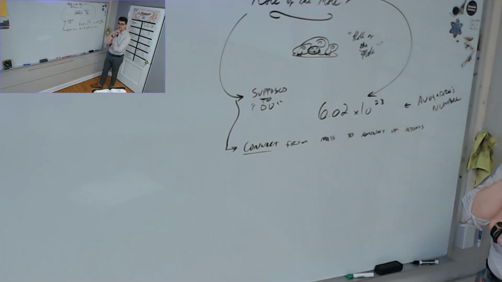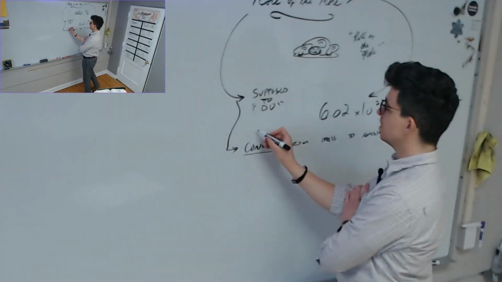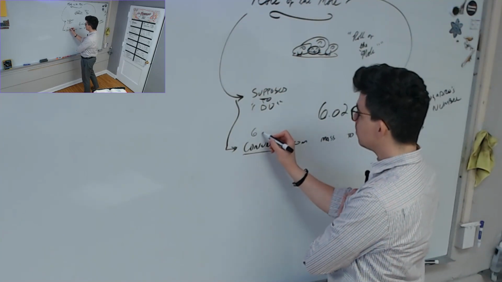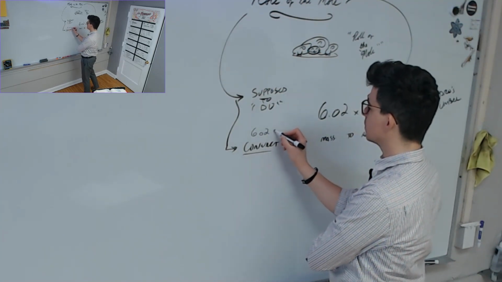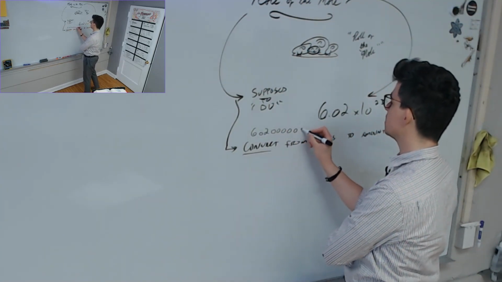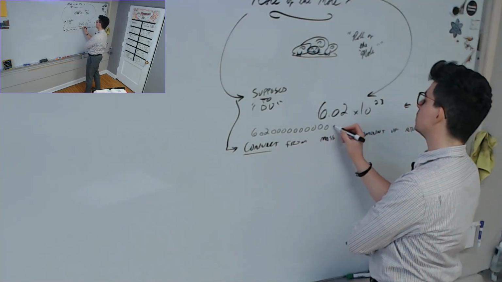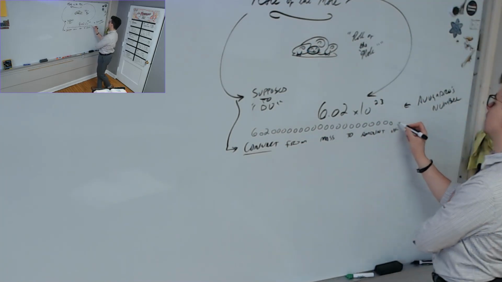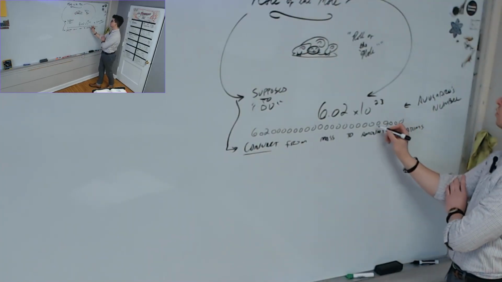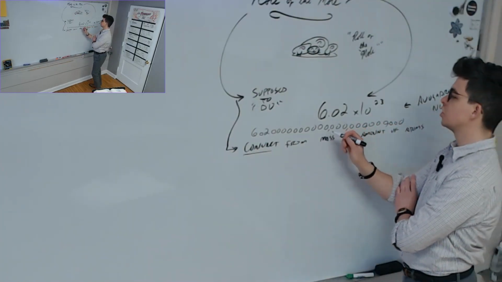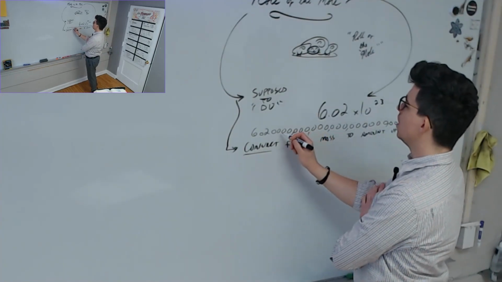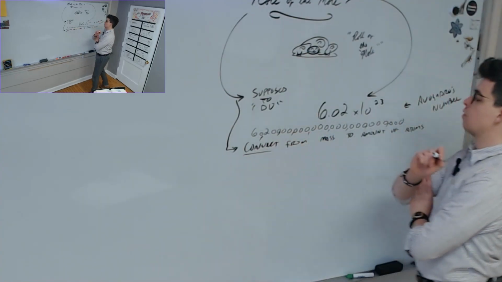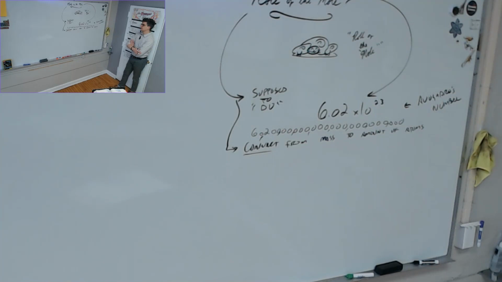It's 602 and then 23 zeros. 1, 2, 3, 4, 5, 6, 7, 8, 12, 13, 14, 15, 16, 17, 18, 19, 20, 21, 22, 23. That was a lot of zeros.